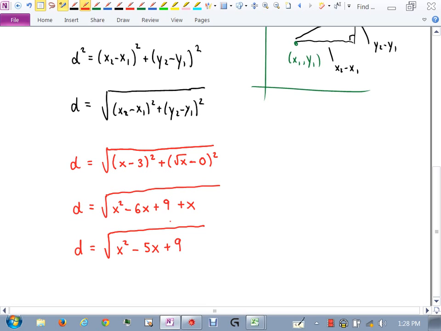So what did I do? I just FOILed this out, right? x minus 3 squared, you do a FOIL. It gives you x squared minus 6x plus 9. Then over here, root x minus nothing is root x. Root x squared is just x. So then put that x with the negative 6x, and I get this. Yeah?